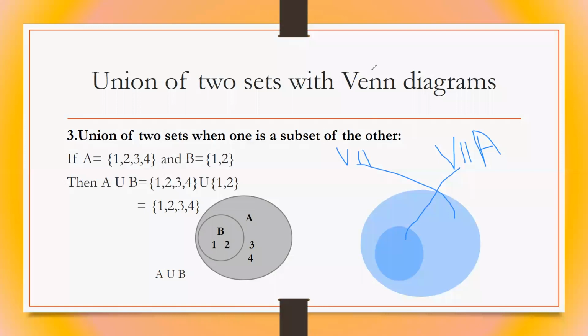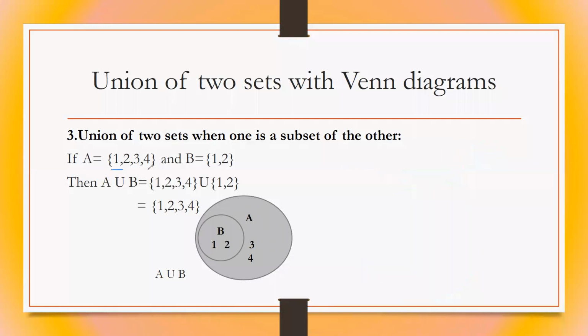ठीक है. अच्छा. So A containing 1, 2, 3, 4 and B containing 1, 2. Here we can see that B containing 1, 2 and A containing 1, 2, but B containing not any other element.